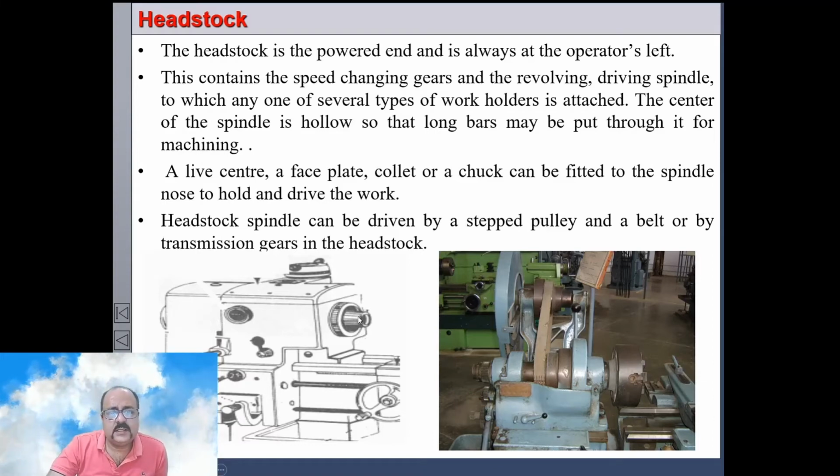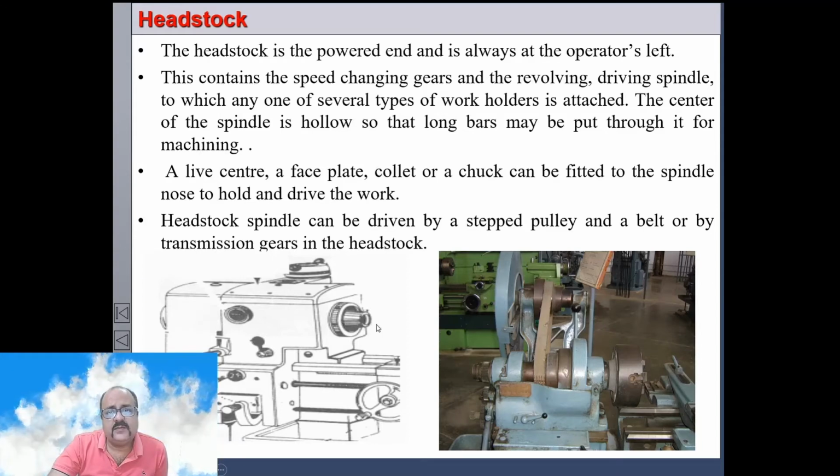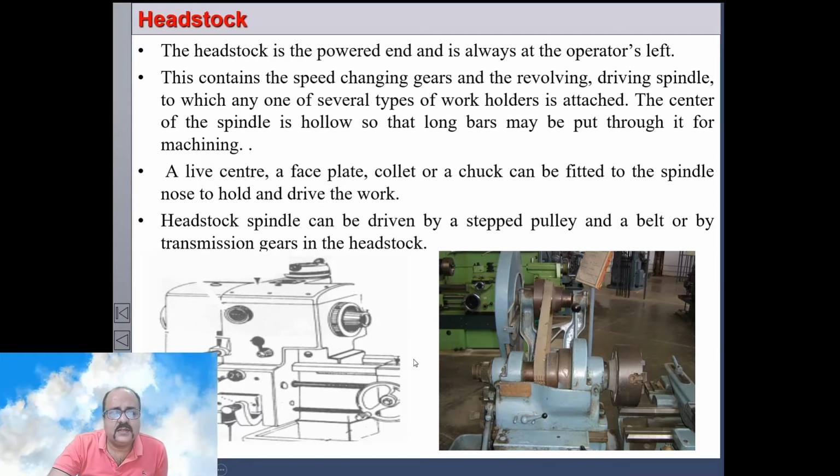This spindle is hollow and has a tapered hole, so that we can fit the live center, and sometimes it has a threaded nose where we can screw on the chuck, the faceplate, etc. And it has a tapered hole so that collets or the live center can be fitted directly into the spindle nose.